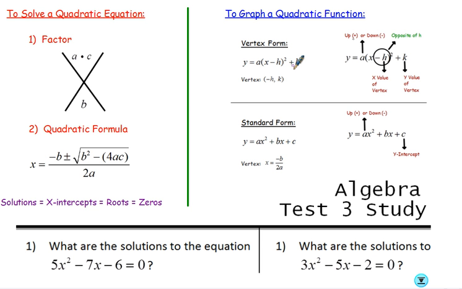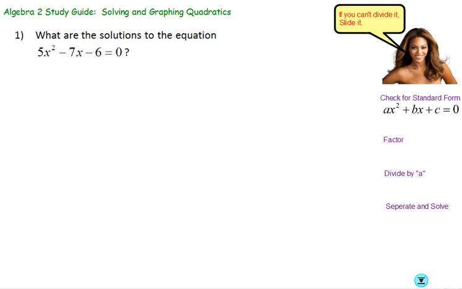However, it's not always going to be in vertex form. We'll look at a couple that are in standard form, where you actually have to use a formula to figure out what the x is. Once you know x, then you can plug it in to figure out y. So we'll look at a couple there. That's just a preview of what we're going to be covering in this video, solving quadratic equations and graphing quadratic equations. Alright, let's go ahead and get in there.